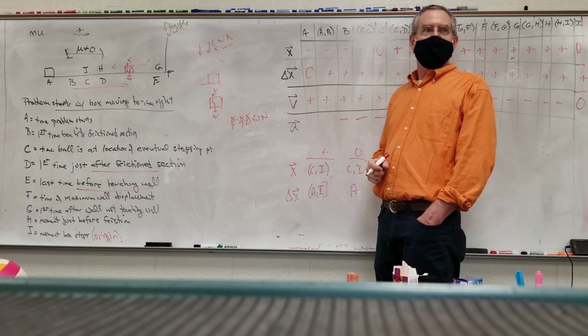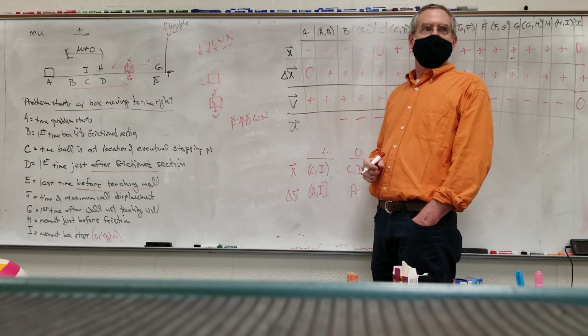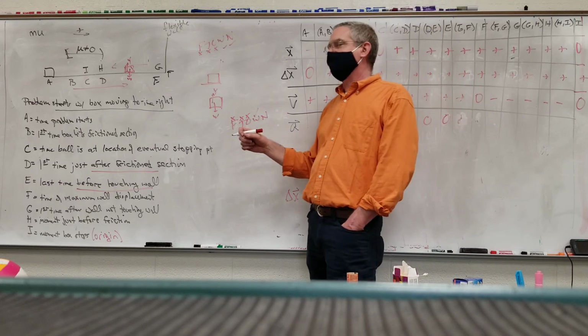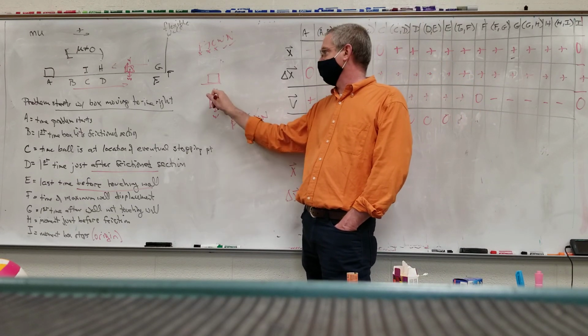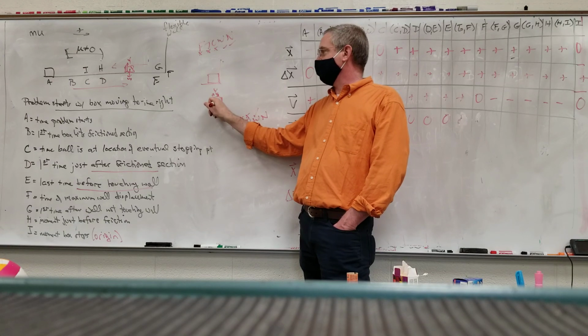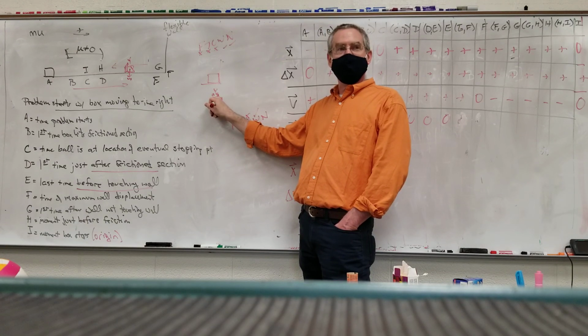There's normal force between the wall and the box and the ground and the box. Yes, there's two different normal forces acting on it. This is from the ground. Which way is the wall exerting the force on it? Backwards.